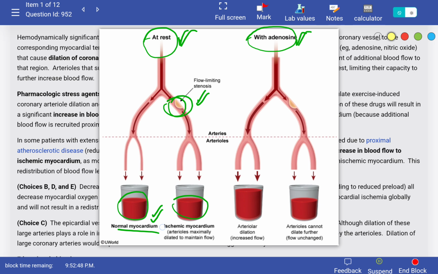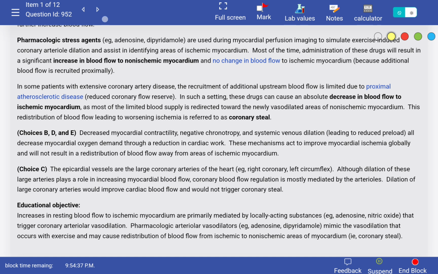In case of ischemic myocardium, arterioles are maximally dilated to maintain blood flow. Now, if we use adenosine, they cannot dilate more. So what will happen with adenosine to the non-ischemic area? The blood flow will be increased. But on the other hand, on the stenotic side, there will be no increase in blood flow, so arterioles cannot dilate further, so flow is unchanged.